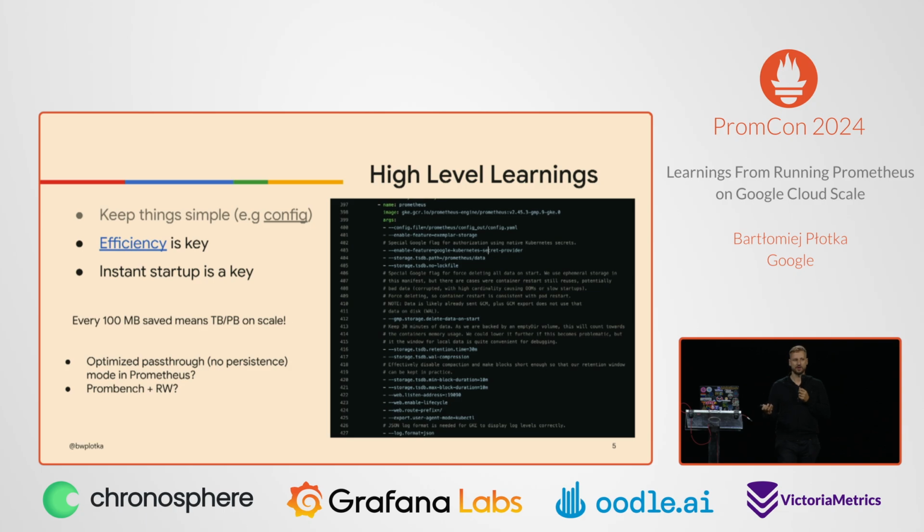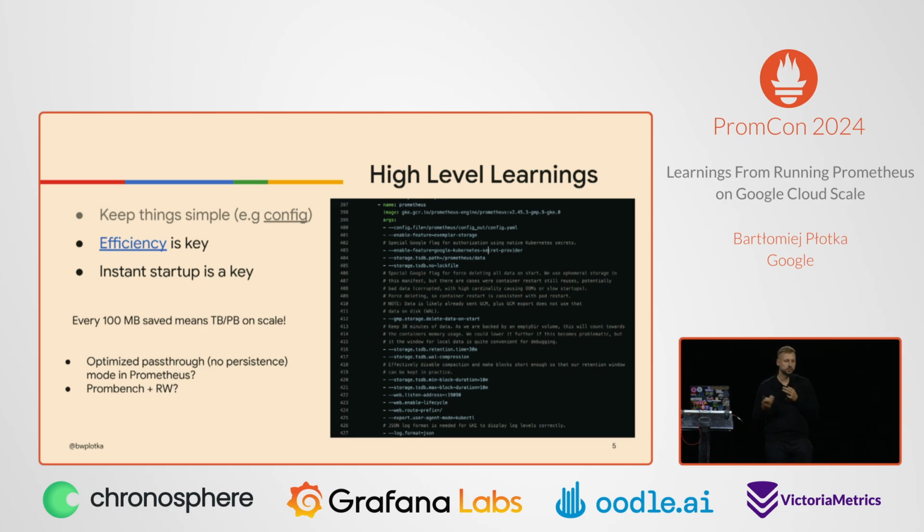We don't have HA because we cannot afford adding yet another potentially 1 gigabyte of memory for those millions of instances. So we just have a very fast instant startup because we don't have persistence. We don't need to wait for replays. So the moment Prometheus is down and up, it's literally between scrapes or maybe missing one scrape, so it's totally fine.